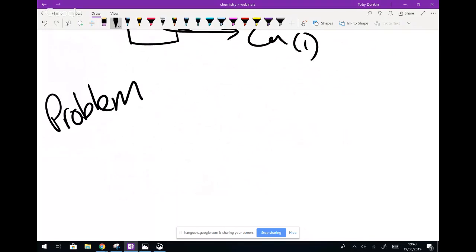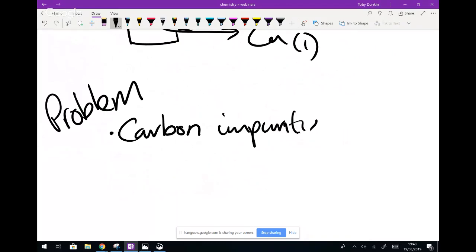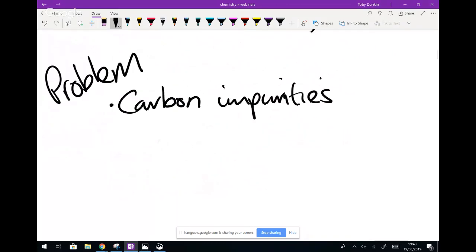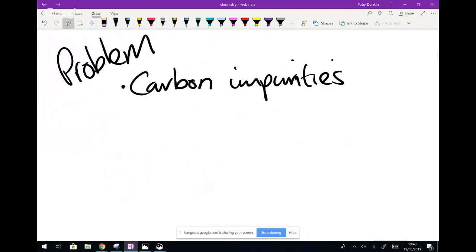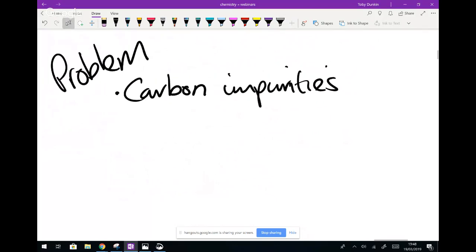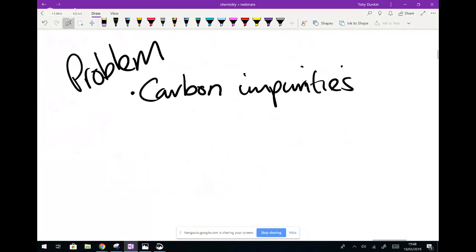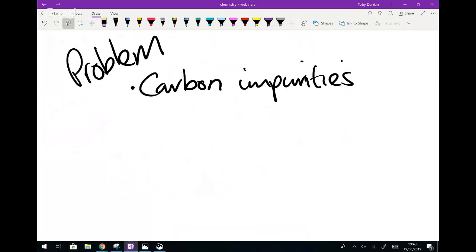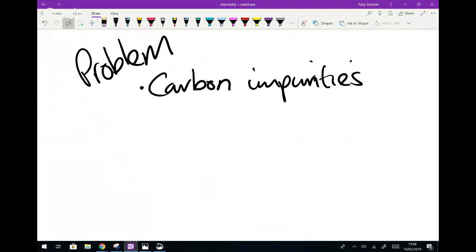It creates carbon impurities in our metal. Now, carbon impurities make the metal very brittle. It's otherwise known as cast iron. Oh, my tablet is not behaving. No, it's really irritating me.